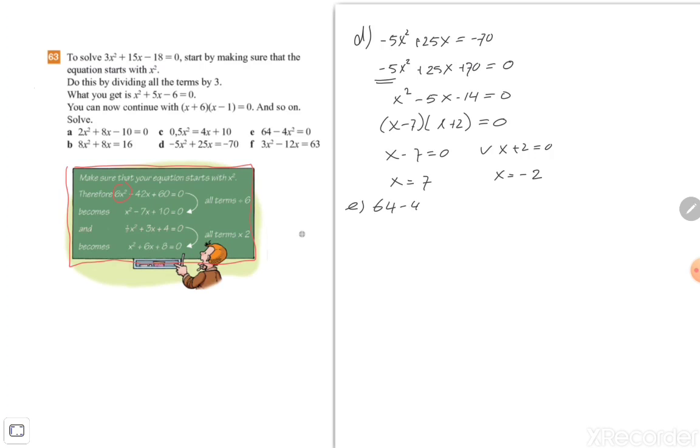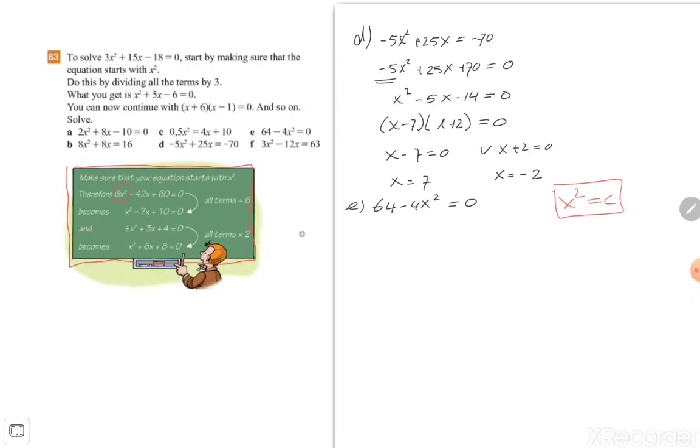64 minus 4x squared is equal with 0. I'm going to write it down. We just need to look at which theory we're going to use. In this case, we're not going to use the product sum method, because I only see the x squared and a number, so in the form like x squared is equal with c.